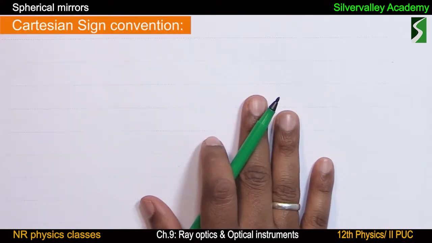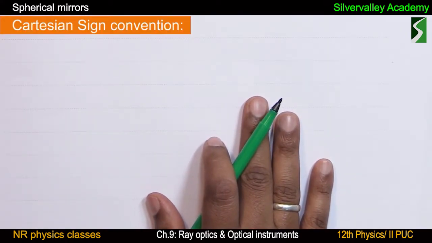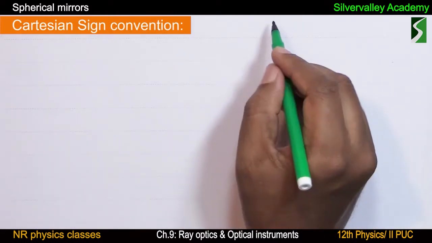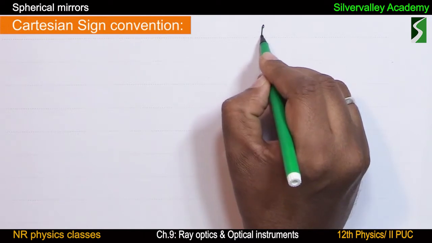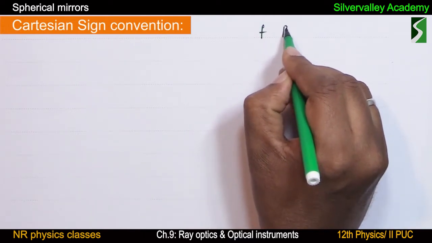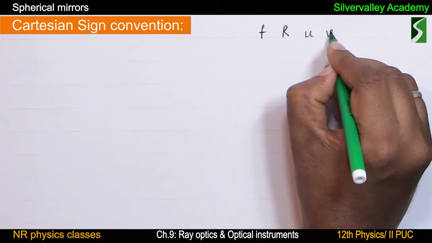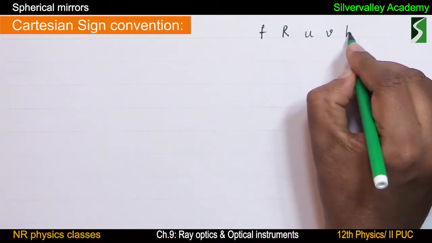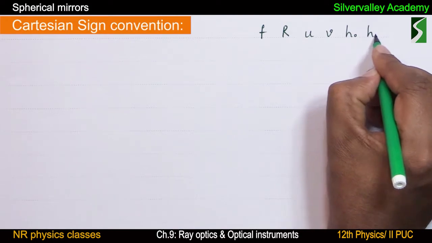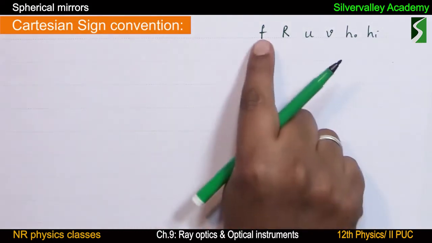In ray optics or geometrical optics, many parameters are involved. Many parameters means focal length, radius of curvature, object distance, image distance, height of the object, height of the image, like this.